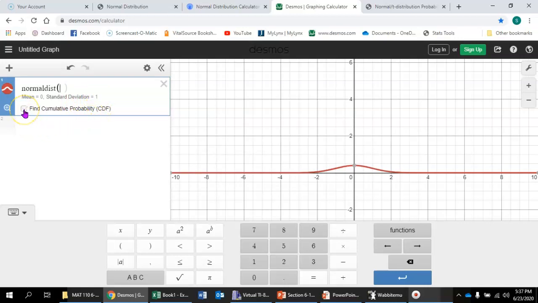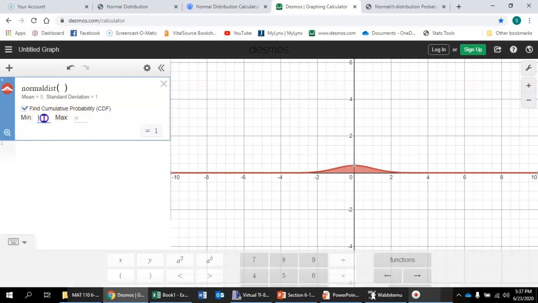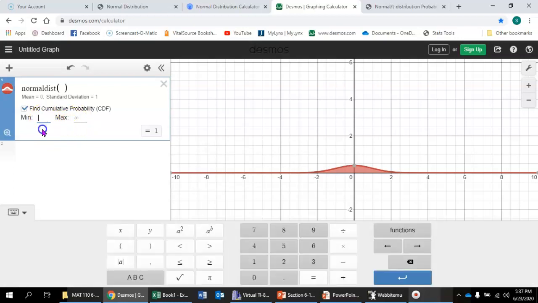Now I'm going to check the box next to find cumulative probability. And then what shows up here are a couple of blanks, one for min and one for max. And I'm going to type in my two numbers there. So for min, I'm going to put in the number negative 0.88.